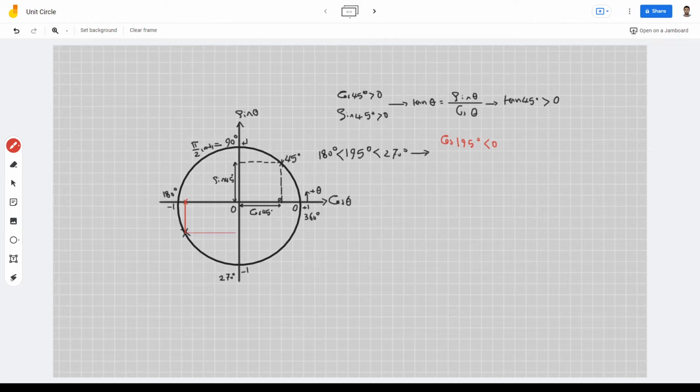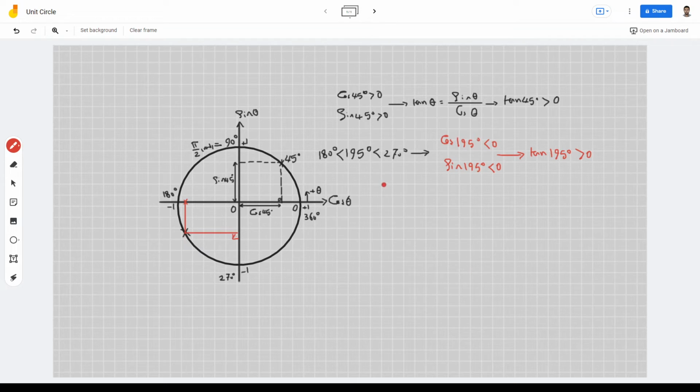How about the sine? If I project it on the sine axis, it is below the origin. It is on the negative side of the sine axis. So the sine of 195 degrees is also negative. Tangent of 195 degrees, negative over negative, is positive.